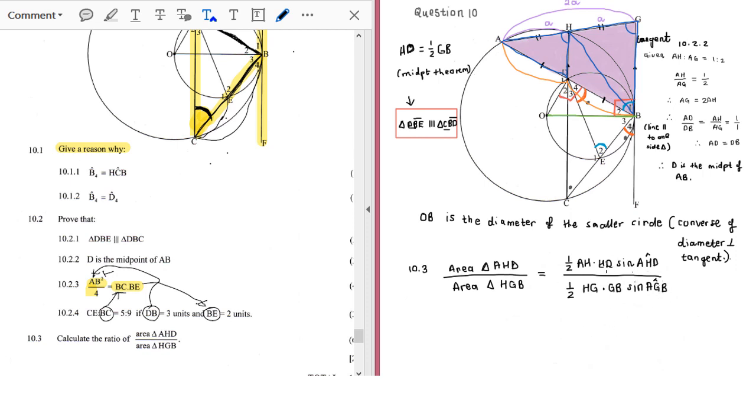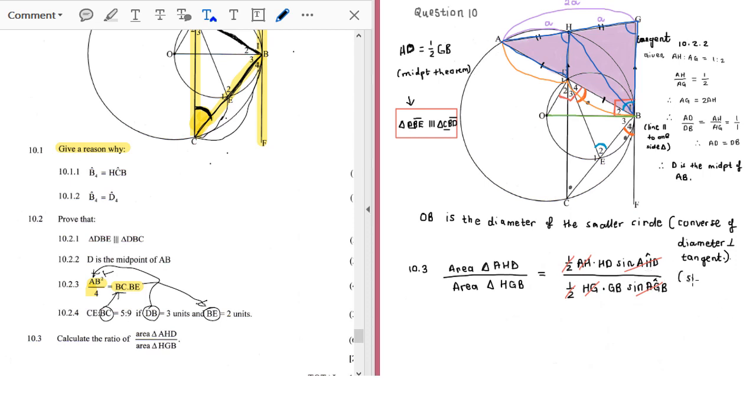Now there's a few things here that we can cancel out. Obviously, the 1/2 will cancel out. The AH and the HG will cancel out since those two lengths are equal. And the sine of angle AHD and the sine of angle AGB will also cancel out since those two angles are also equal. So we just need to write that down over here.